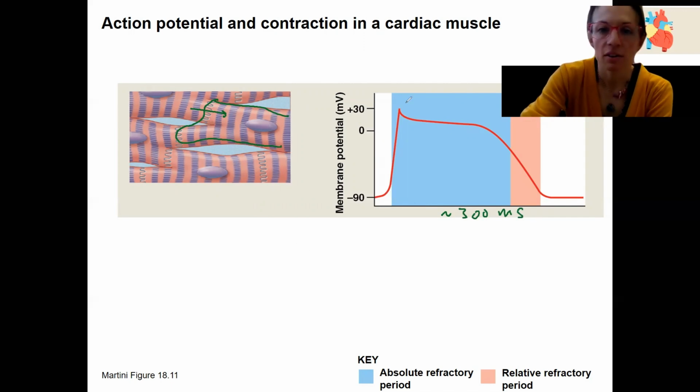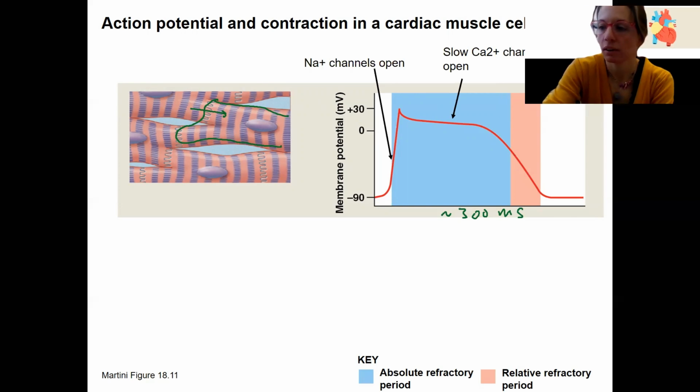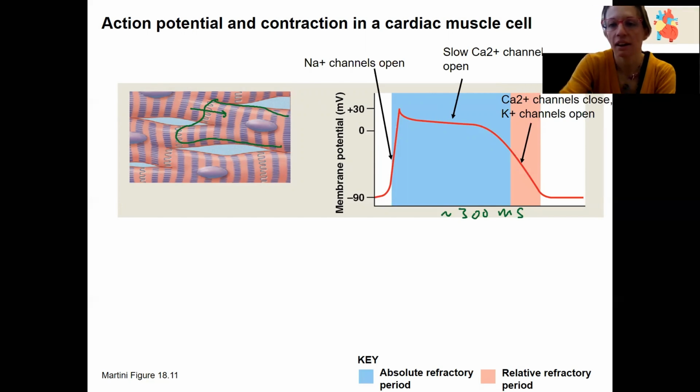And what are these different phases due to? First, the voltage gated sodium channels opening is what's causing that rapid depolarization. The slow calcium channels are opening. And then the calcium channels close. We no longer have that gradient, and the potassium channels are open.